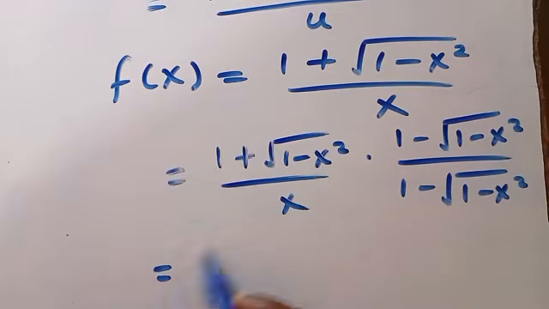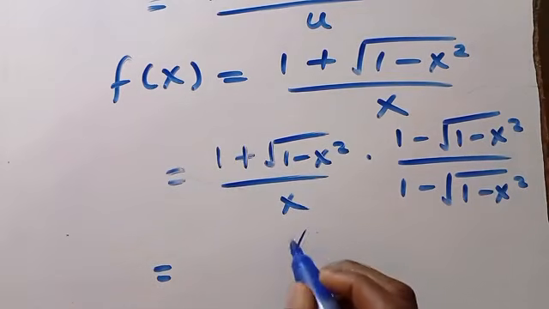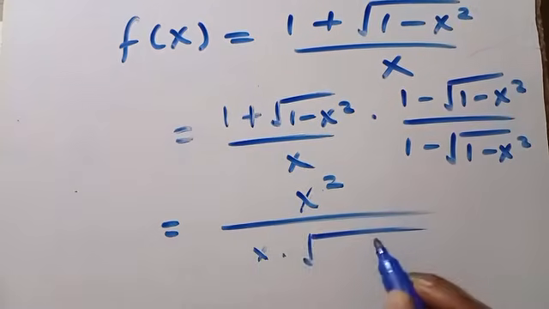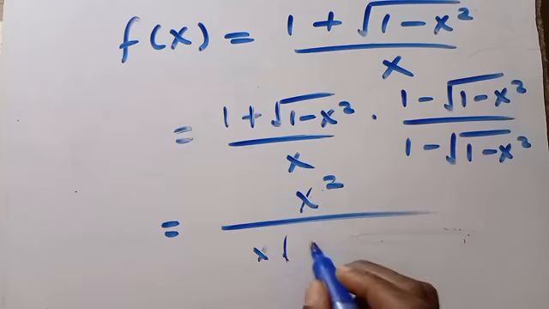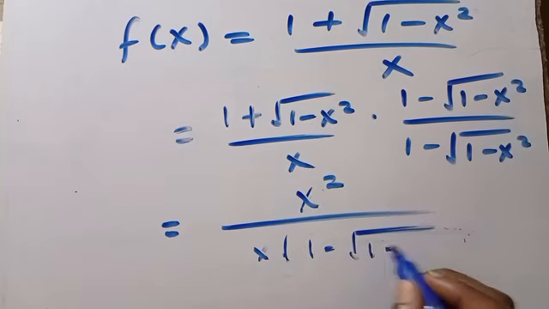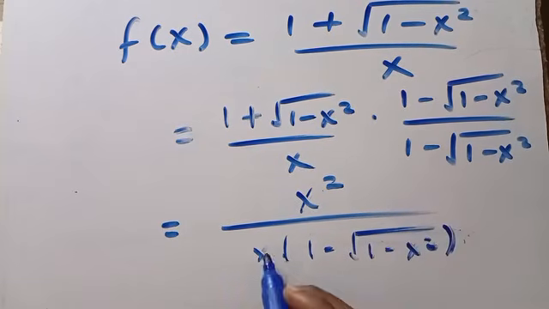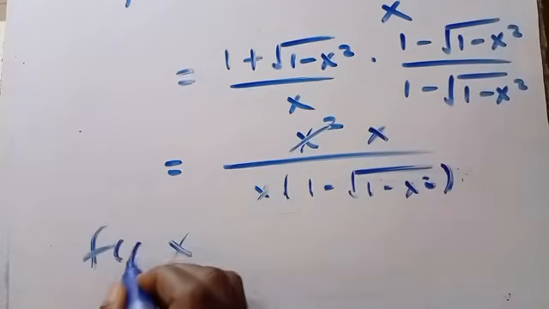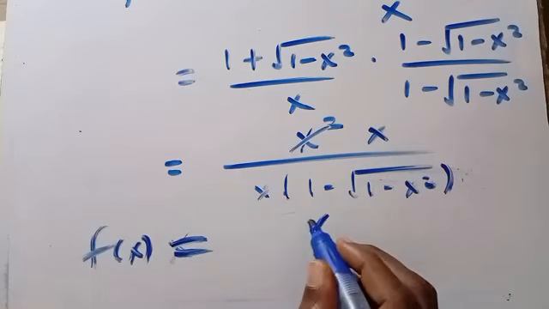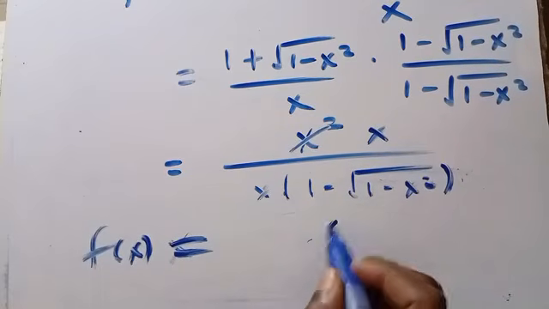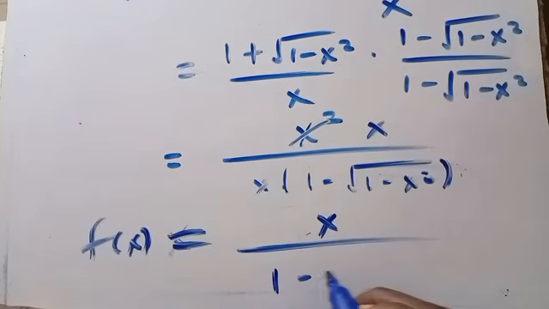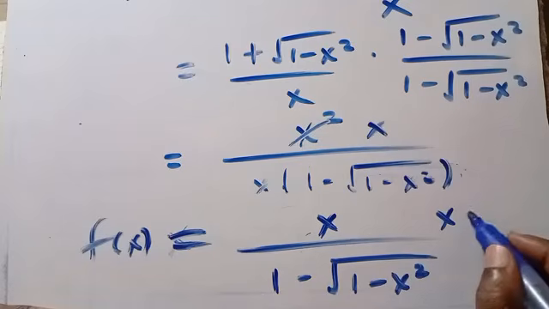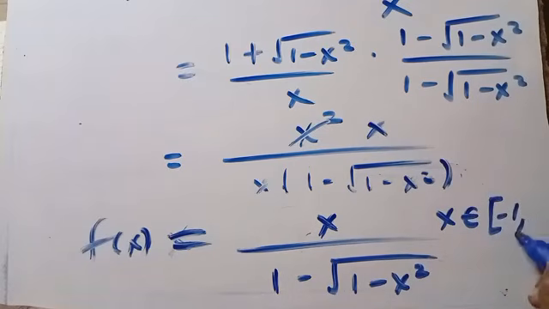When we take the product, at the numerator we are going to have only x squared, divided by x multiplied by 1 plus the square root of 1 minus x squared. And x cancels x, we have only x. Therefore our f of x is given as x divided by 1 plus the square root of 1 minus x squared, where the value of x is in the closed interval from -1 to 1.